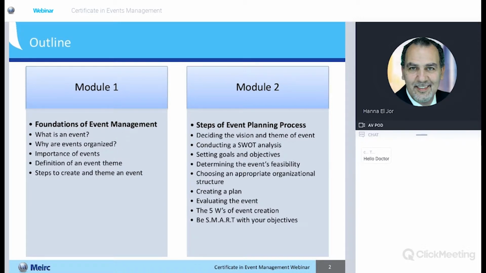The modules that we are going to tackle today: we're going to talk about some of the foundations of event management, defining what is an event, why are events organized, the importance of events, and we need also to tackle the theme of the event. What is the definition? What do we mean by the event theme? And how do we get to decide on the event theme? How to create that? Okay.